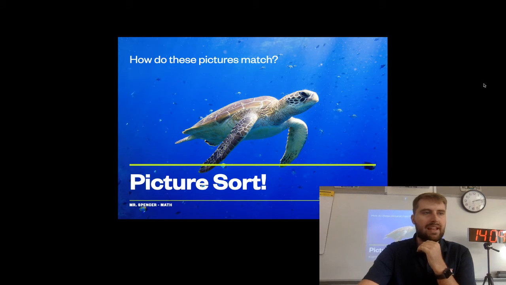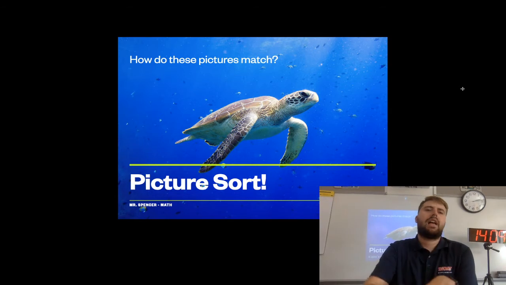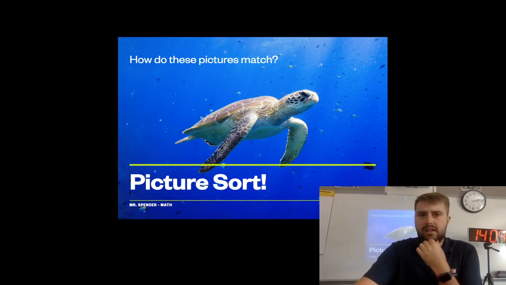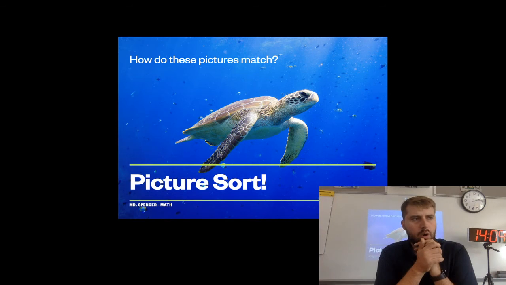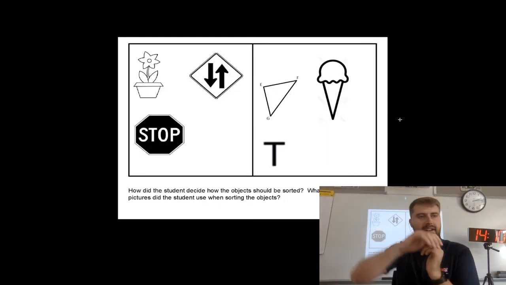So we will go ahead and look at the two sets of pictures, and we're going to take a lot of time to think about why the student grouped them the way they did. I will ask us some questions to get us started once I show the pictures, just to give us some starting thoughts, but I'd love to know why you said the student grouped these pictures right here the way they did.